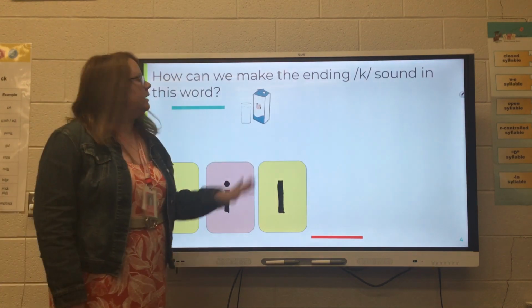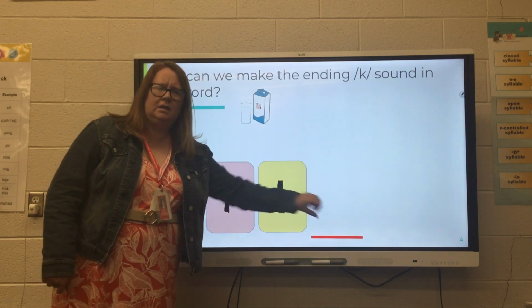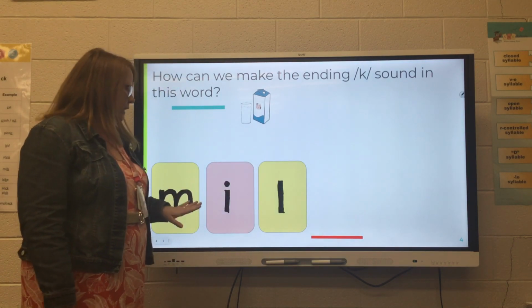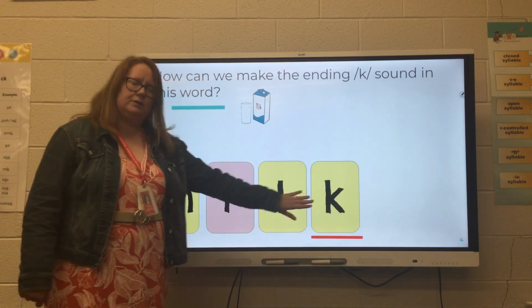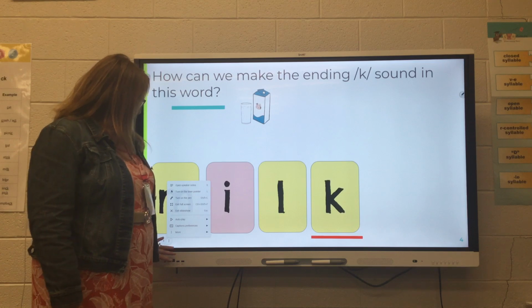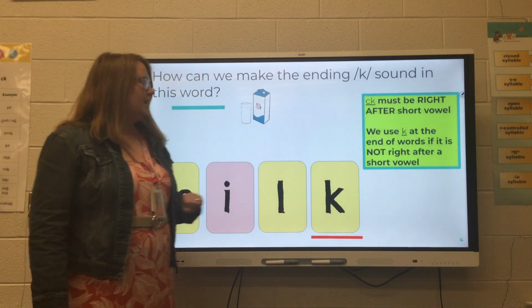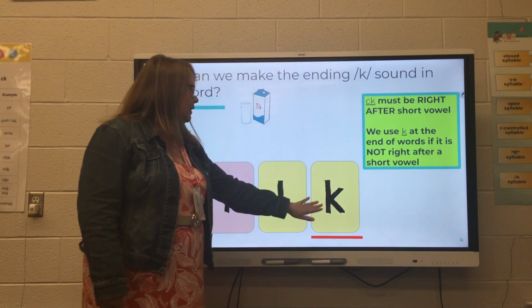How about this word? Milk. How are we going to spell k in milk? Well, it's spelled with a K. Think about that rule that I just gave you. CK must be right after the short vowel.